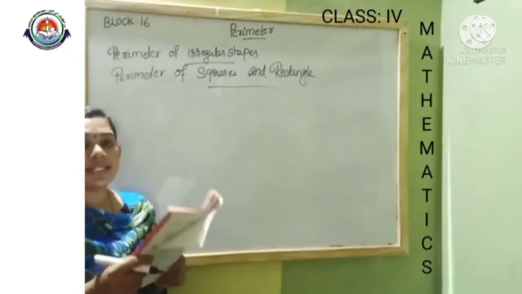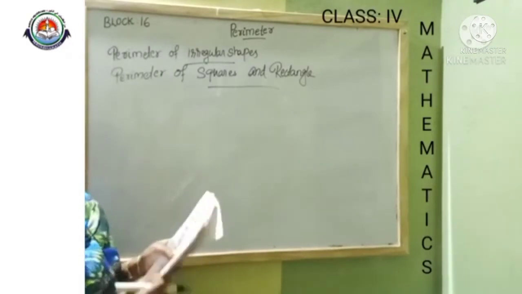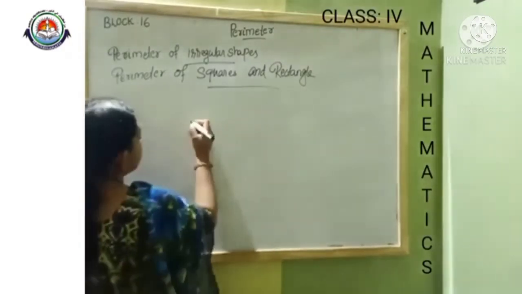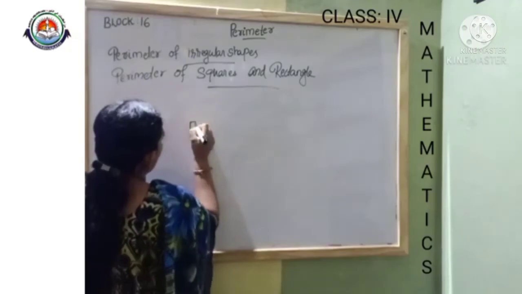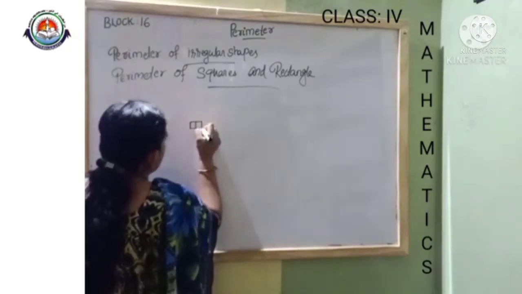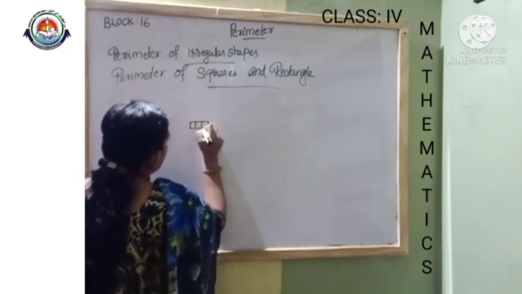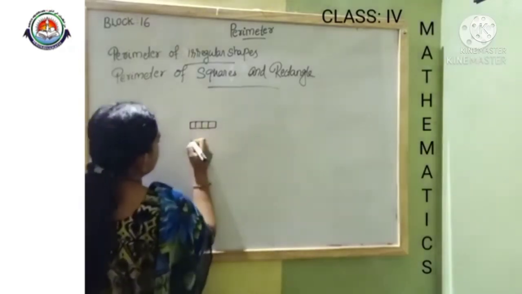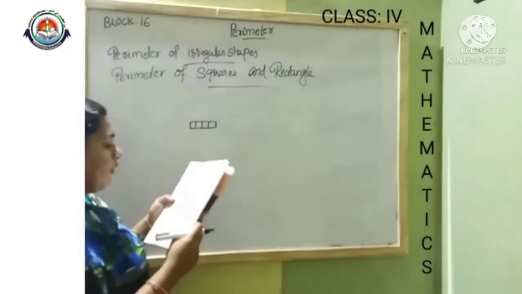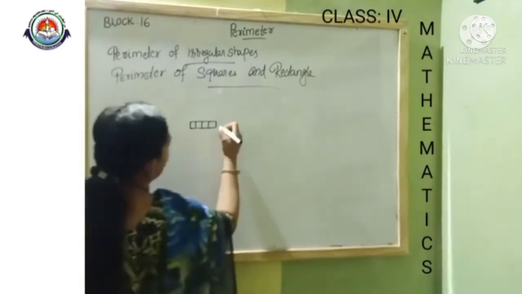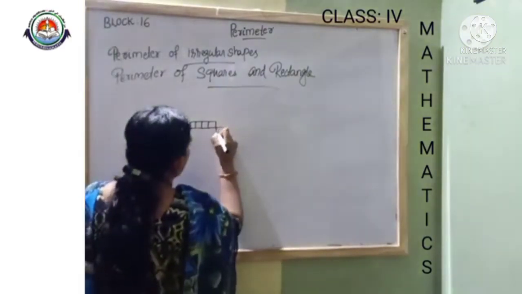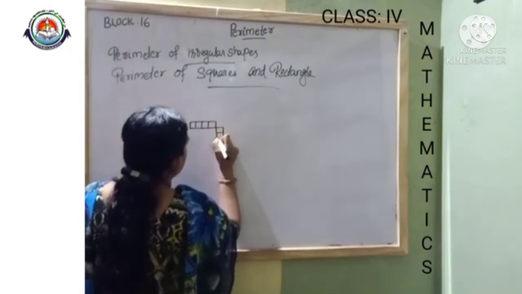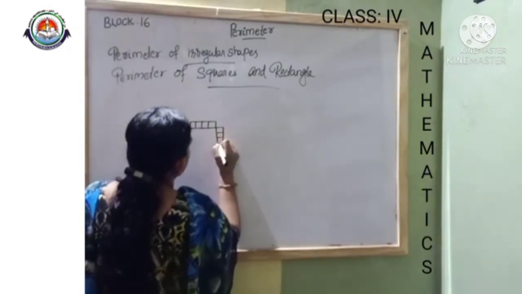Okay. Draw a rectangle of length 4 squares. So just 4 squares. 1, 2, 3, 4. So down all and with the 3 squares here. 1, 2, 3 squares.